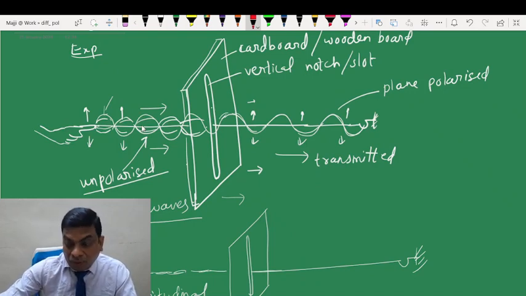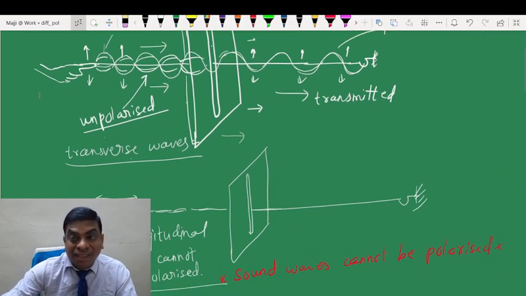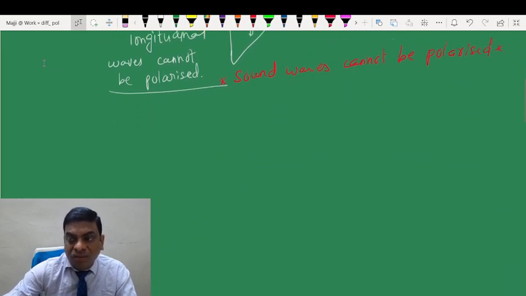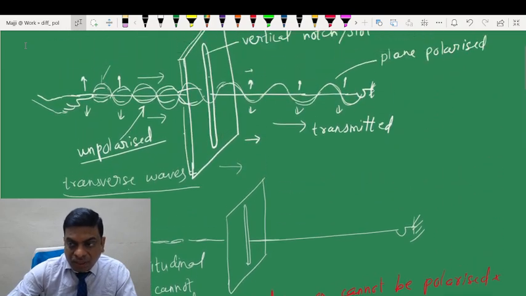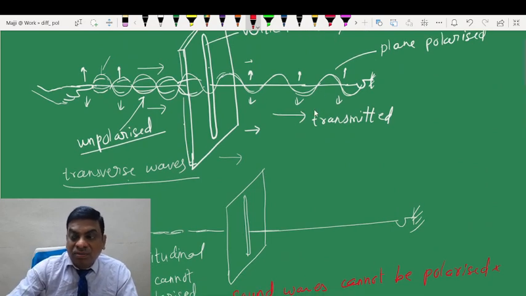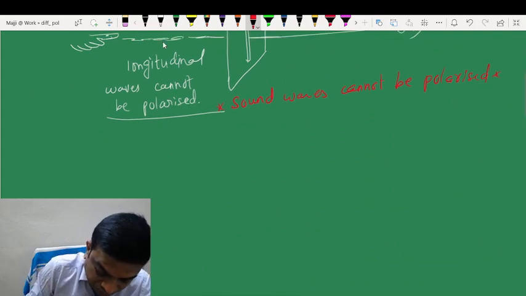But we may not be able to discuss magnetic field right now. So whatever field we are discussing, that is only the electric field of the light, that is electromagnetic waves. So if electric field oscillations get restricted to a single plane, then such light will be known as plane polarized light. So let us try to understand here, students.